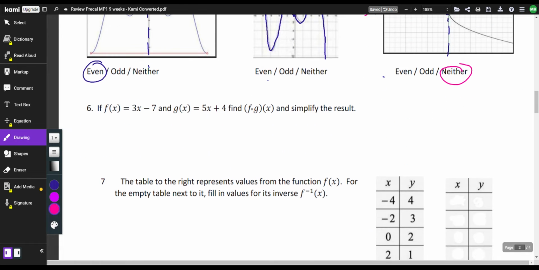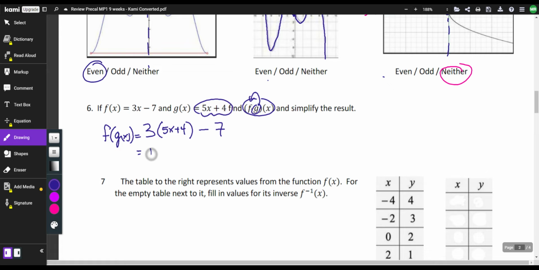We looked at composite functions. That's a function inside of a function. All we do is put g inside of f. So we take the function f, we write 3. Instead of x, we draw parentheses. And instead of x, we're going to put everything that is in g of x. So we write 5x plus 4.